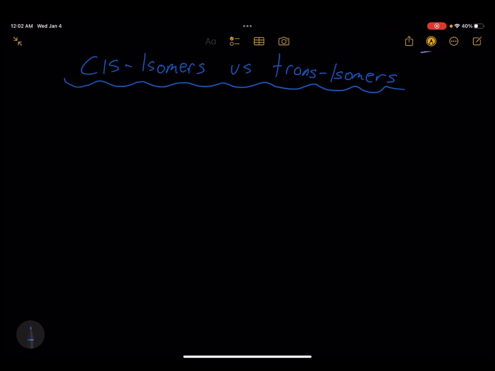Now, the last type of isomers that we're really concerned with essentially pertain around the double bond. So I have a pair of what we call stereoisomers, both the CIS and TRANS isomers, and basically they're talking about what happens on each side of the carbon in a double bond. So let's say, for example, I have an ethene over here, and on one side of the compound, I have, let's say, 2 chlorines.